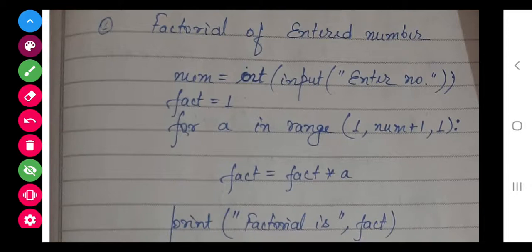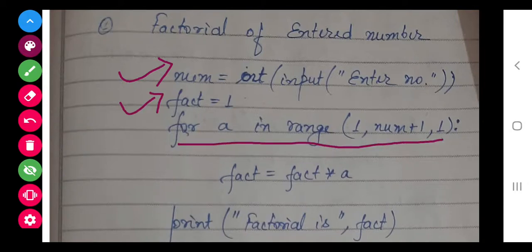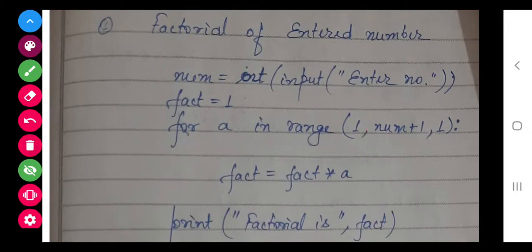So class, again repeating, first of all user will enter the number here. This we have given as the initial value for factorial. This is the loop that we have to run from 1 to the number, so that's why one number additional. After that this statement: in this statement this is 1 for the first time and this is 1 for the first time. 1 into 1, for the next time it will become 1 only, and it will proceed.